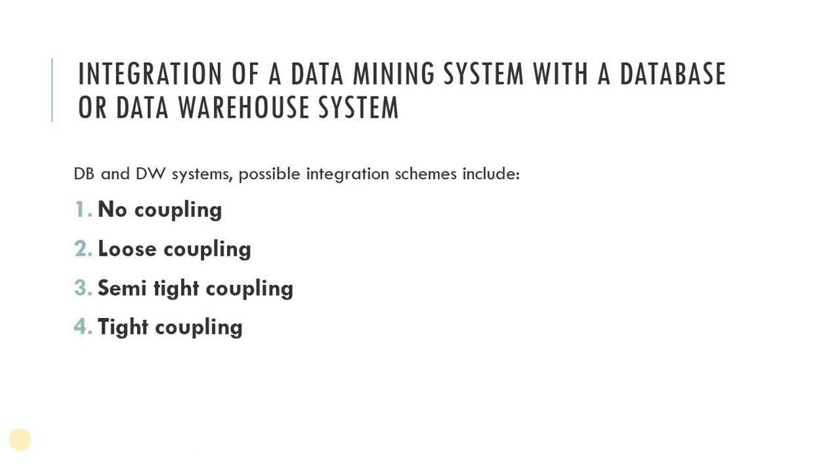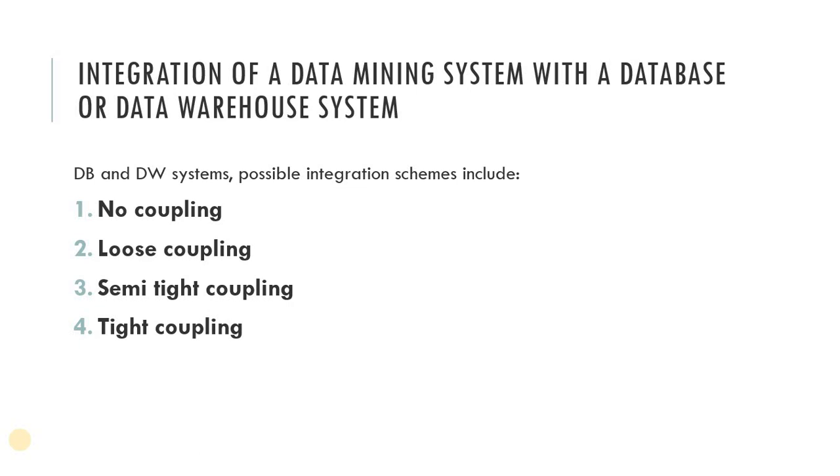Then, all the functionalities, like I already said, sorting, histogram analysis, sum, max, mean, are also used by the data mining system, and mining algorithms are applied on the data warehouse, and the result is stored on the data warehouse only, and the result is also shown in the form of histograms or graphs. So this is the most efficient, because since the results can be stored in the database or the data warehouse system, this will enhance the performance of the data mining system.